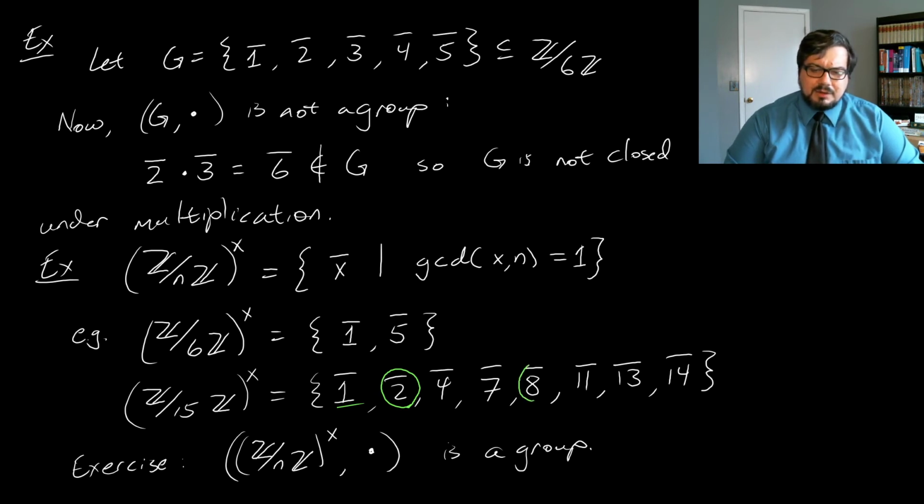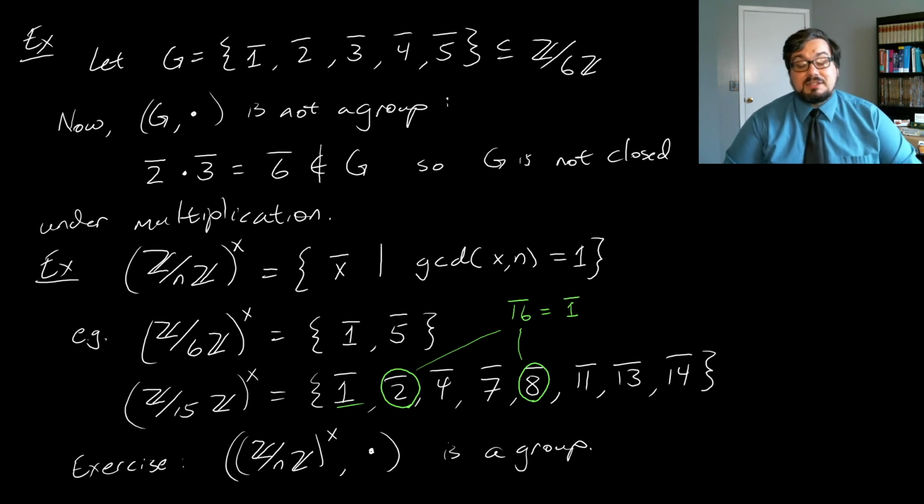And I can notice that if I multiply it by 8 bar, their product is going to give me 16 bar, which is, in fact, the equivalence class of 1, because 1 and 16 are congruent mod 15. Their difference is divisible by 15.